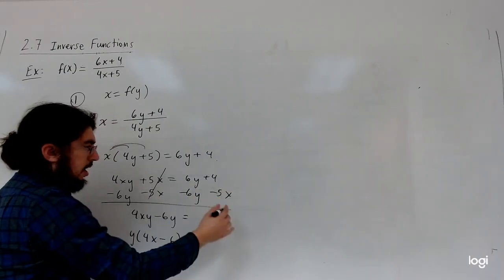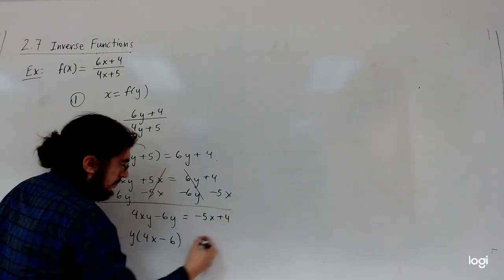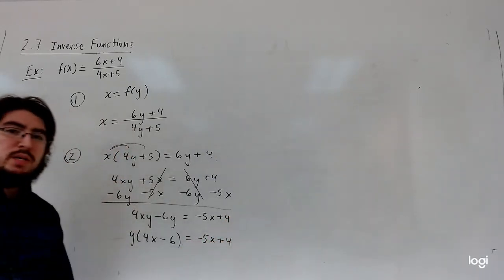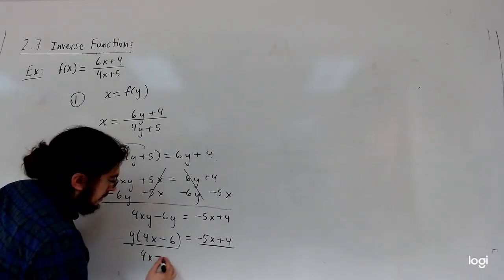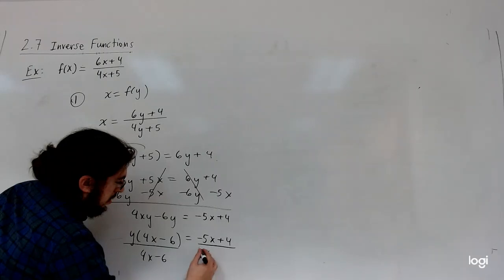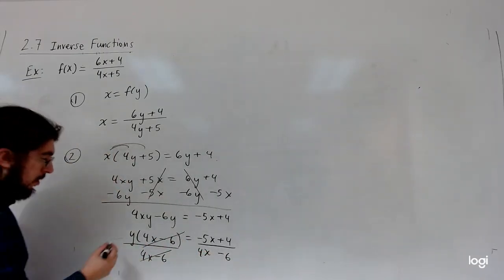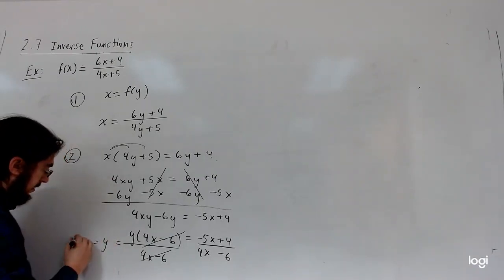Over here on this side, we just get negative 5x plus 4. That's fine. And now finally, to get y by itself, what do we do? We divide both sides by 4x minus 6. And we get y, but what are we calling y? We're calling y f inverse of x.